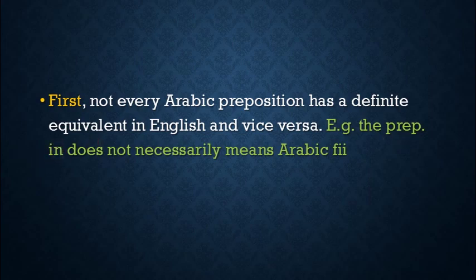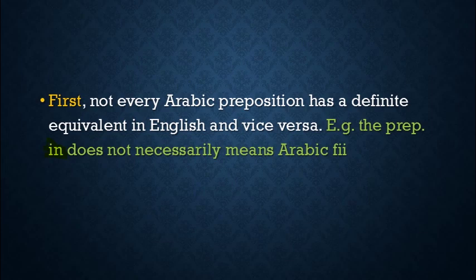The preposition in, for example, here, it doesn't necessarily mean the Arabic fi. Okay, in does not necessarily mean the same word fi. Okay, we know that by default in is fi.